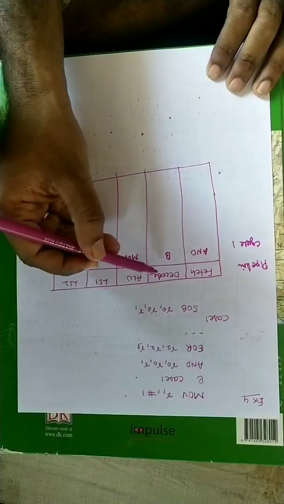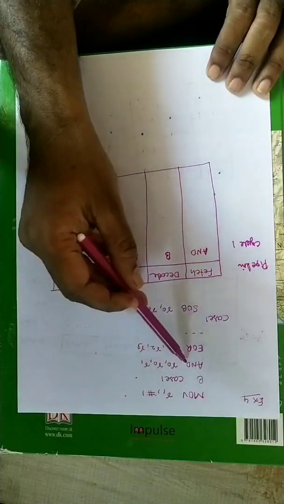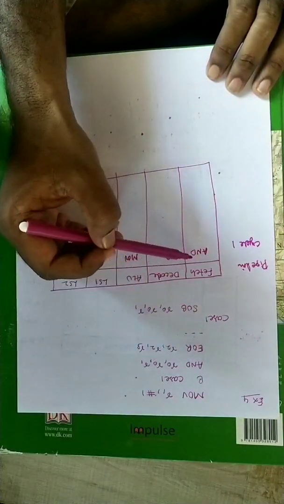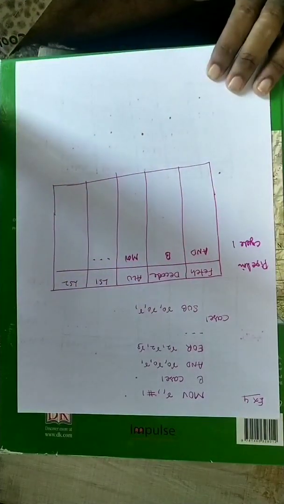The second instruction is in the decode operation, and in the fetch operation, the AND instruction is taken.